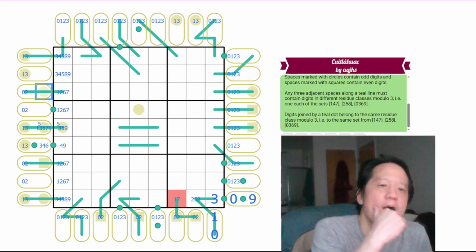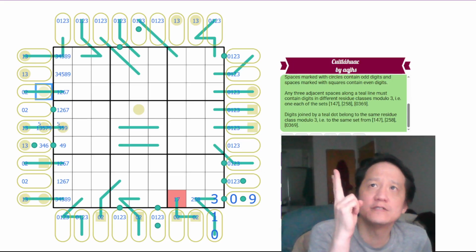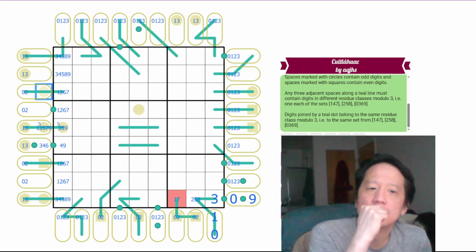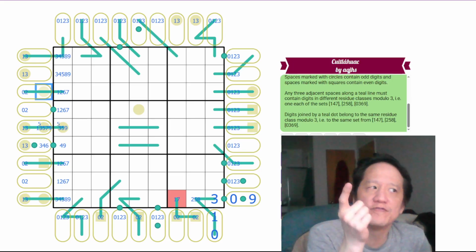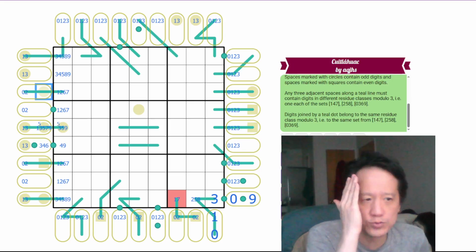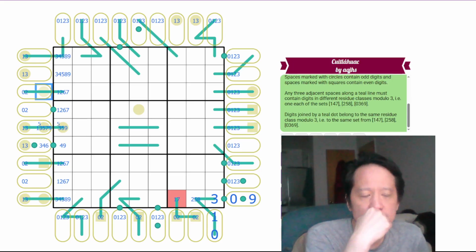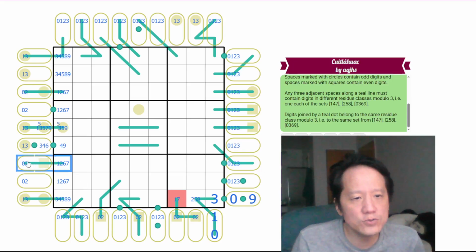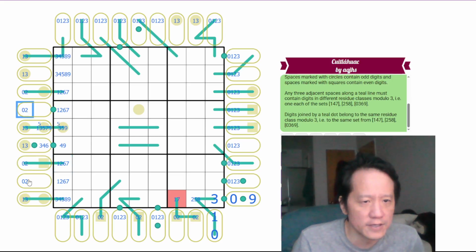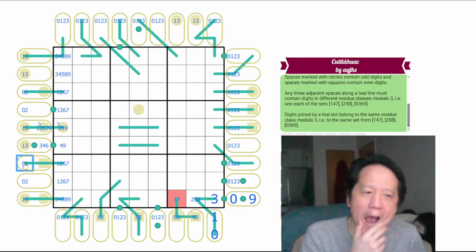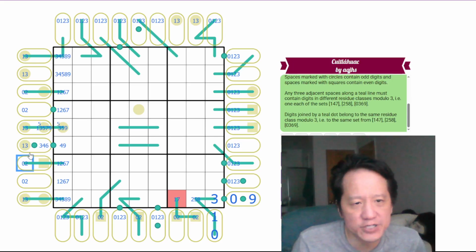Interesting. 6 and 7. 6 can be 21 through 24, and 7's 25 through 28. Interesting. Okay, and then 2 of them are different sets than the remainder that they're here, right? That doesn't tell us much.